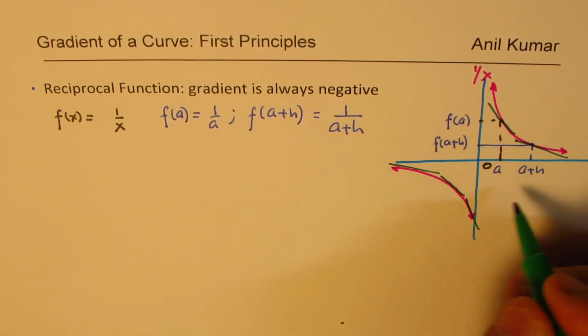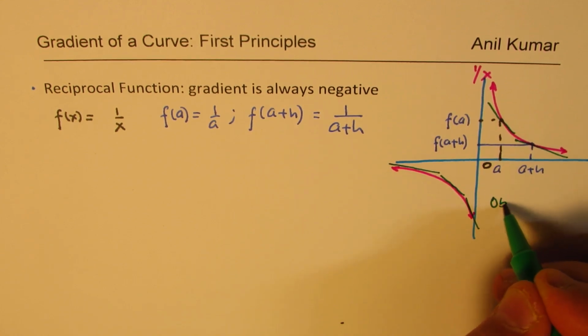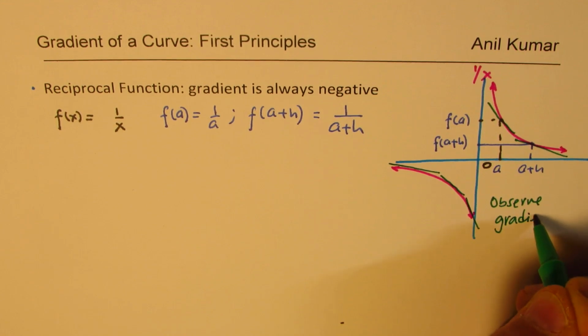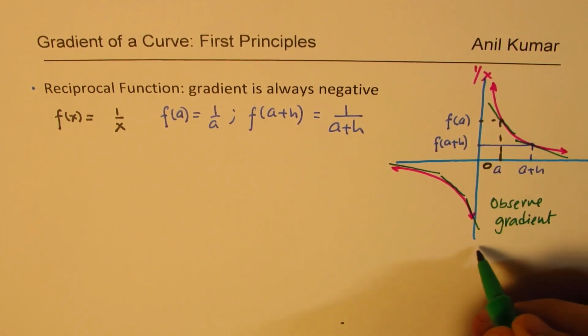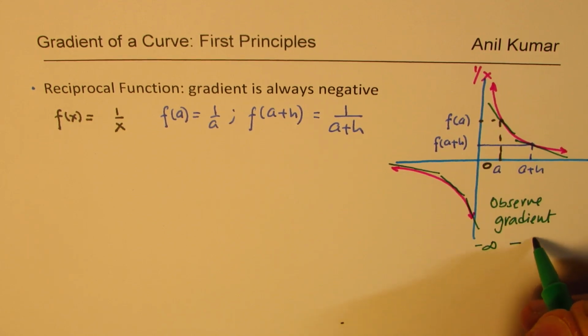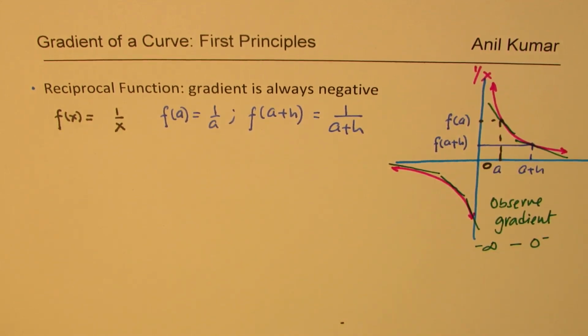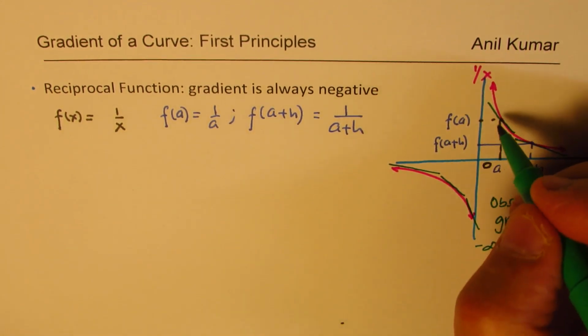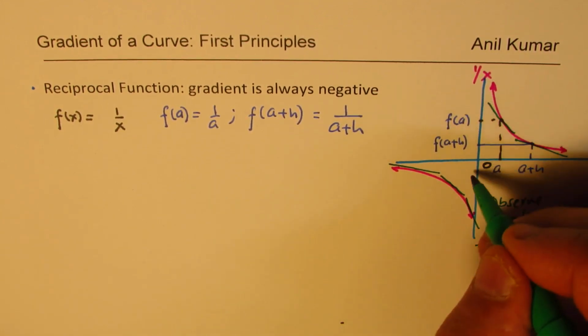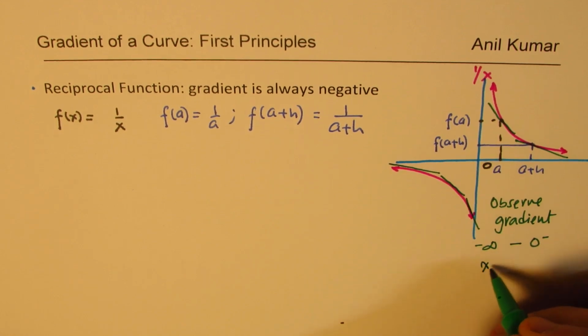So we observe that the gradient changes from minus infinity to 0, but negative. So it is coming downwards. Minus infinity means almost vertical; x equals 0 is the vertical asymptote.